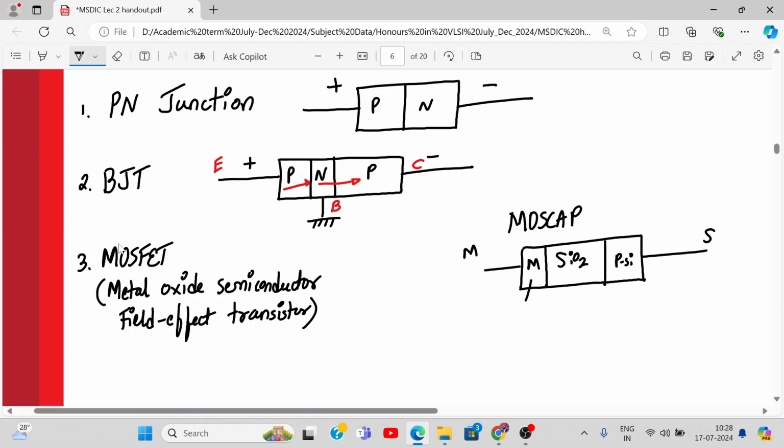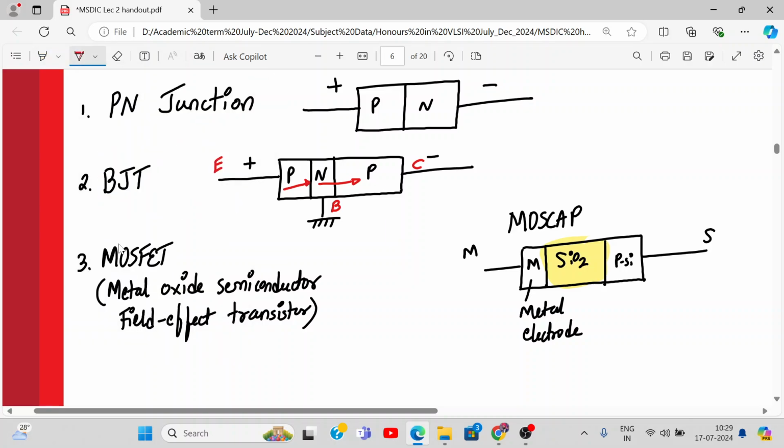This is the metal electrode. In the case of a MOS cap, current cannot pass through the device. Why? Because of the insulator. So if we want to say that current is flowing through the device, it's not possible.